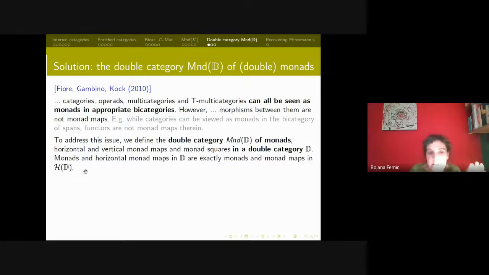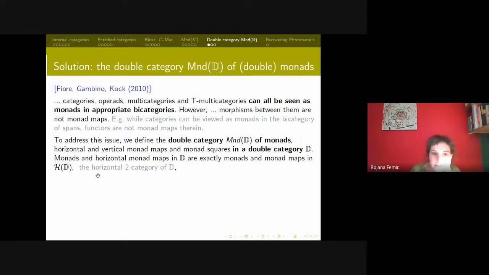Now, monads and horizontal monad maps in D, so these will be, right, zero cells and horizontal one cells in this double category of monads in D, are exactly monads and monad maps in the horizontal bicategory of D. Recall that the double category had this on the diagonal in my schematic presentation.